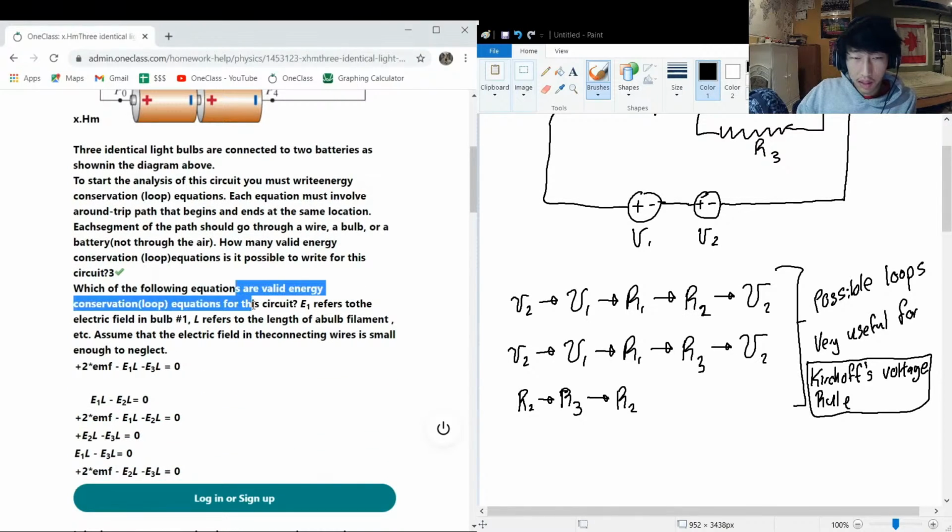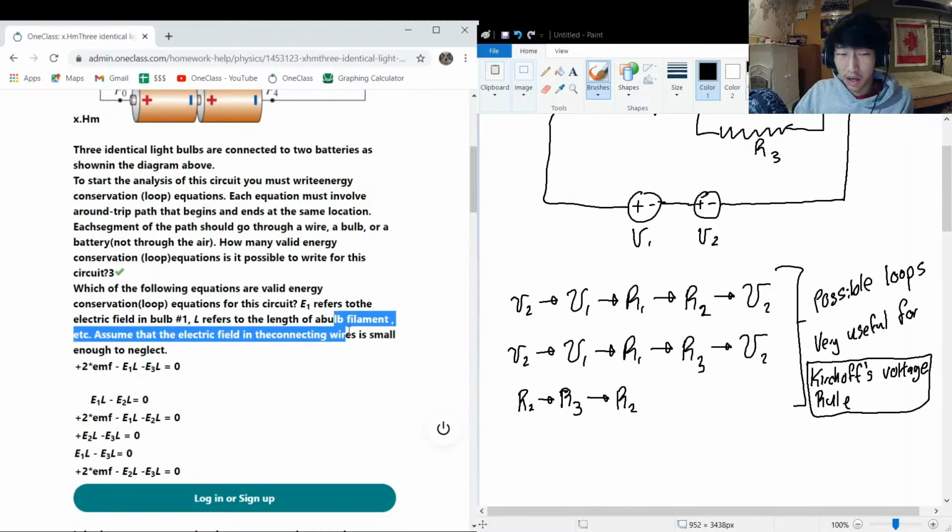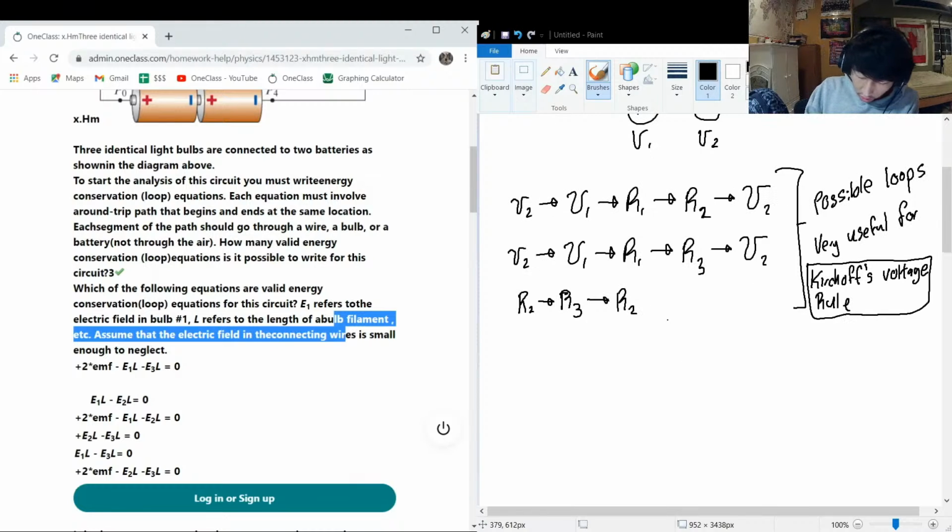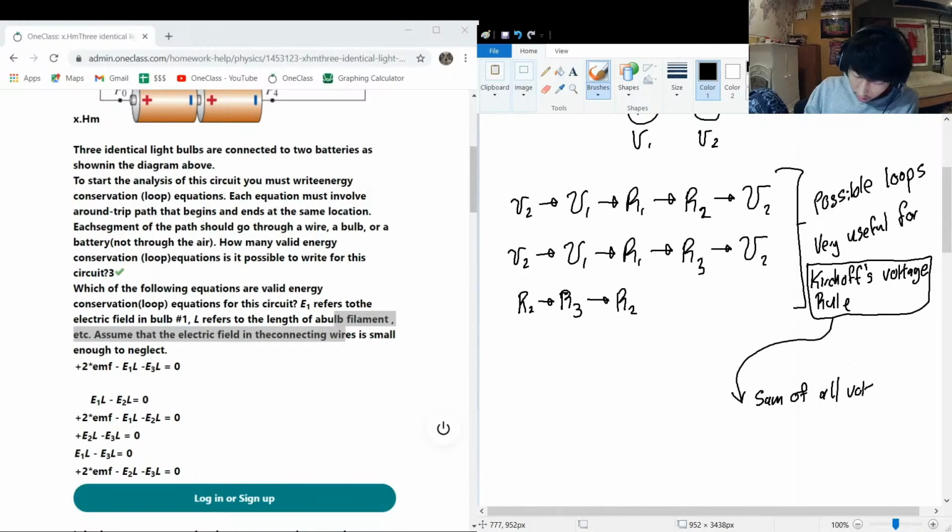Okay, so E1 refers to the electric filament in bulb 1. We don't really need L because we're basing this on Kirchhoff's voltage law. So we know that Kirchhoff's voltage law or rule is as follows: the sum of all voltages in a loop is 0.